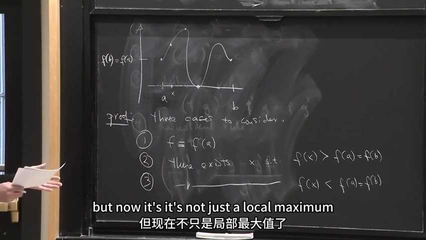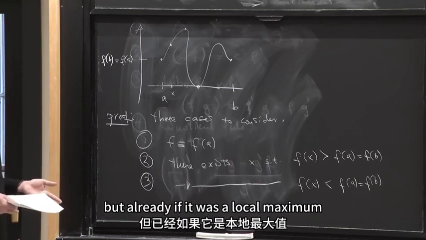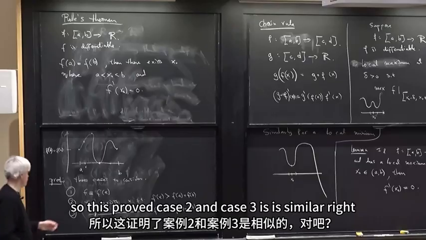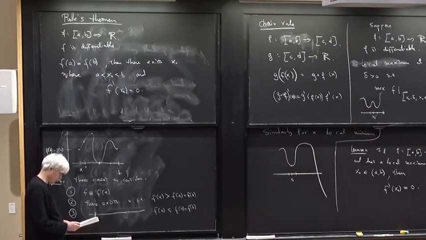It's not just a local maximum, it actually is a maximum, but already if it was a local maximum, the derivative would be 0 at that point. So this proved case 2, and case 3 is similar. So this is Rolle's theorem.